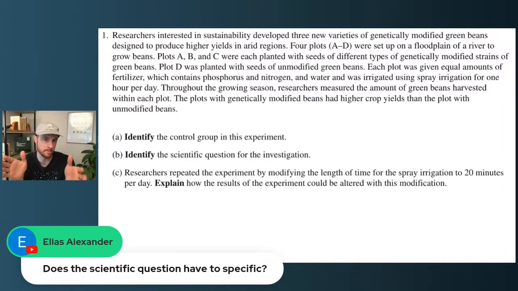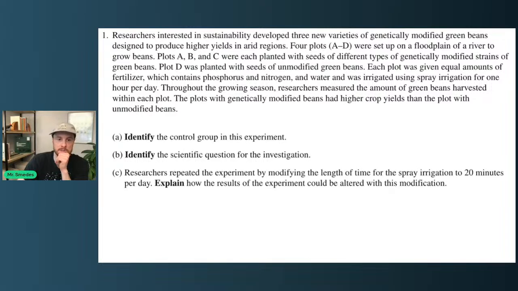What pollutant are we measuring? A good scientific question would be, will particulate matter emissions decrease by switching from gas to an electric car? So you want to be specific, yes, and your dependent variable needs to be measurable.